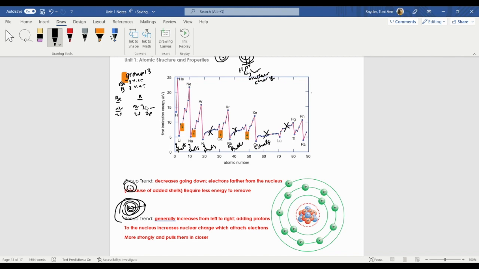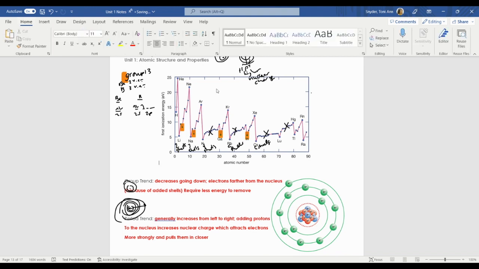And also, it's more difficult to take away electrons from totally filled shells because that shell is stable the way that it is. So this p electron's a little bit farther away from the nucleus. Even though it's still in the second shell, those p electrons are a little bit farther away. So it's easier to remove that added p electron.